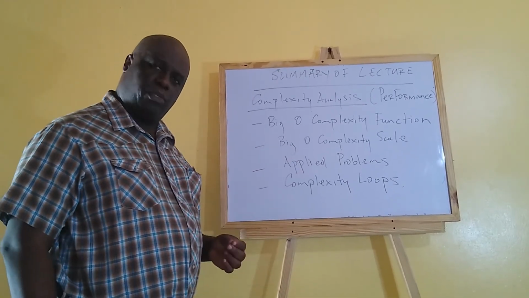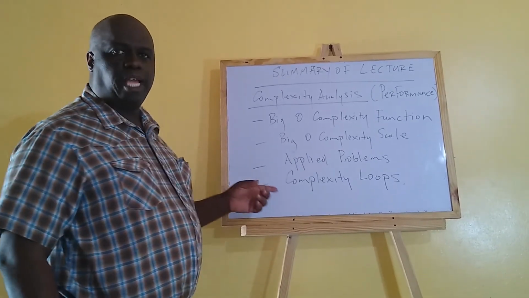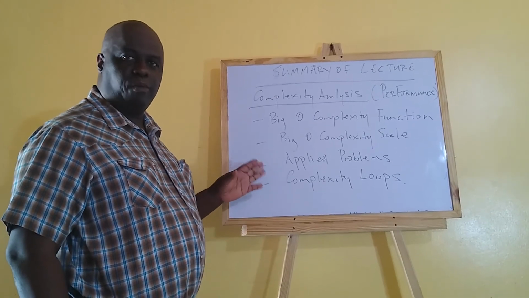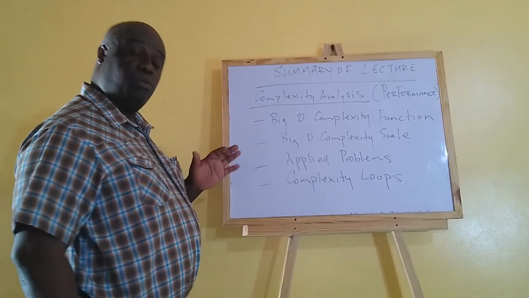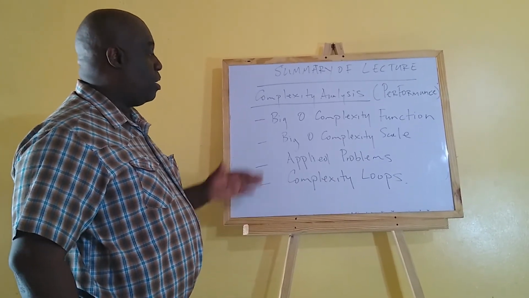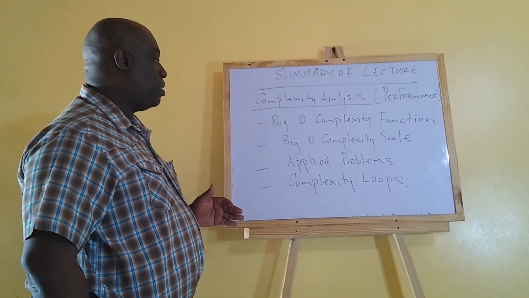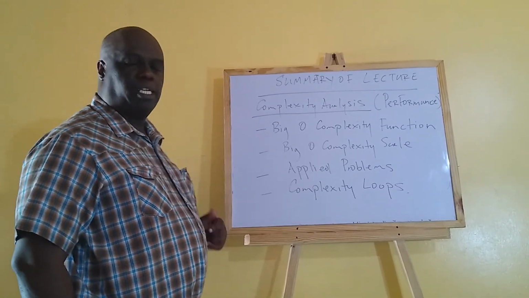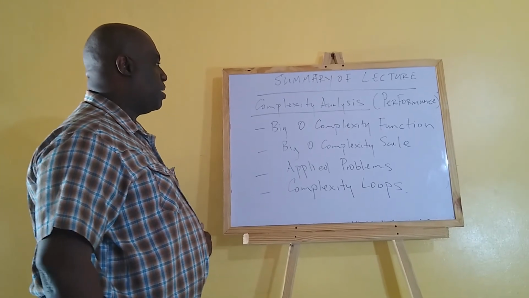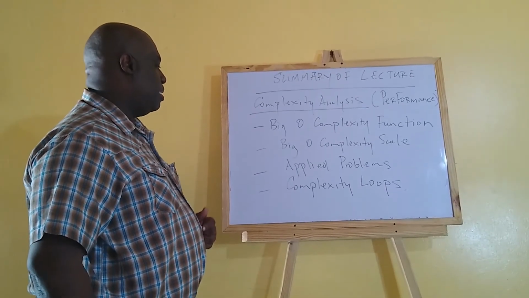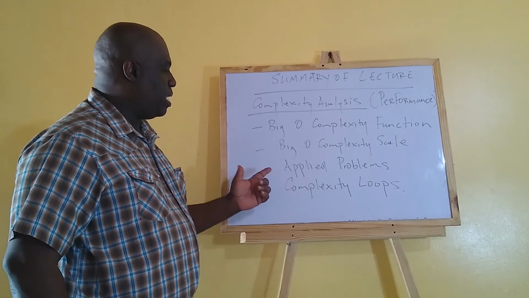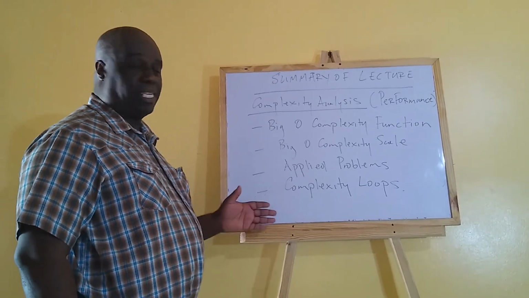I'm encouraging you to spend some time looking back through those problems that we've been doing, the solutions that we actually unearthed working on those problems, so you can reinforce the concepts that we have been discussing in this first lecture, right? Then we looked at complexity loops, which is really programmatic loops.